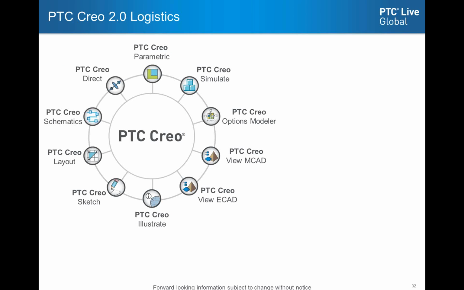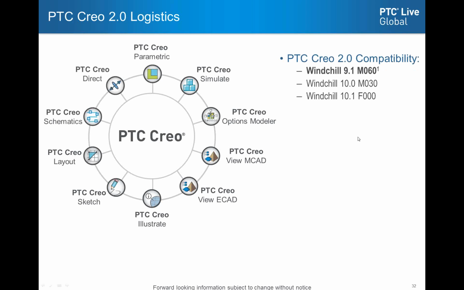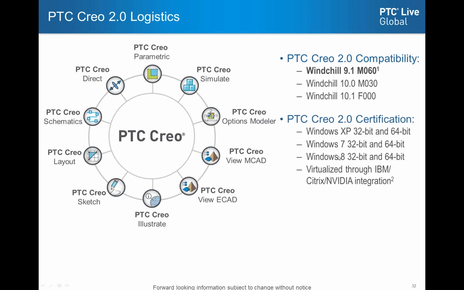So just some overall logistics. Creo 2 is compatible with Windchill 9.1 M60, Windchill 10.0 M30, and Windchill 10.1 F000. It's certified on Windows XP 32 and 64, as well as Windows 7 and 8.